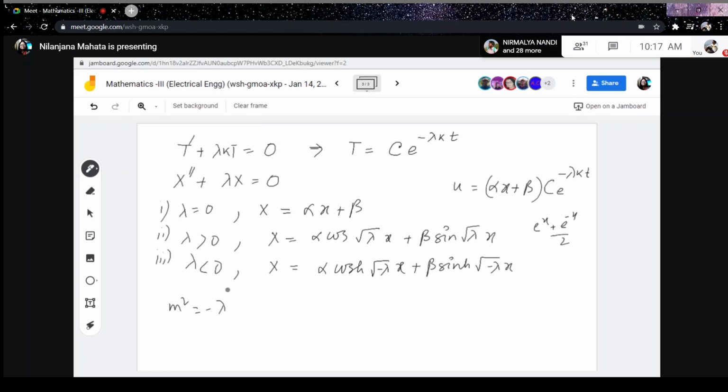Now depending on the next conditions, that is, we have solved this, and which solution will satisfy our boundary condition, that will decide which form will be applicable.